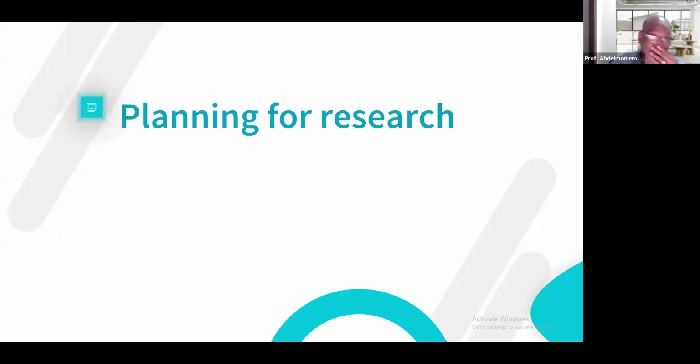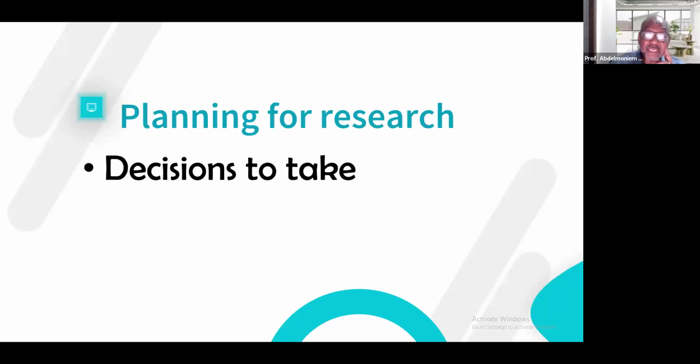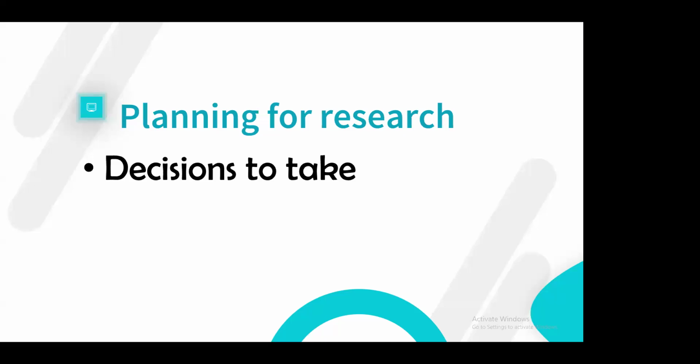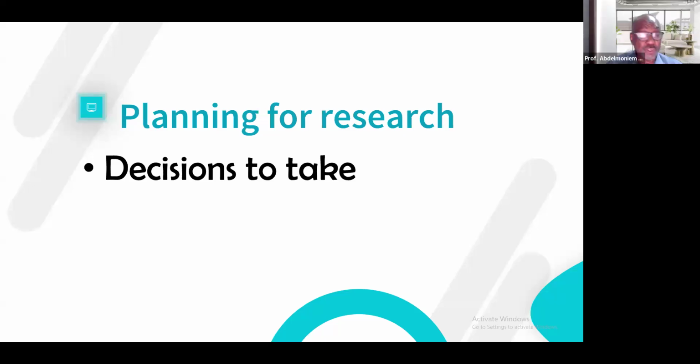When you plan for research, as you already know, there are decisions that you need to take. You need to select a topic. Can AI help me select a topic? You need to decide which type of study design you are going to use. You need to decide which population.